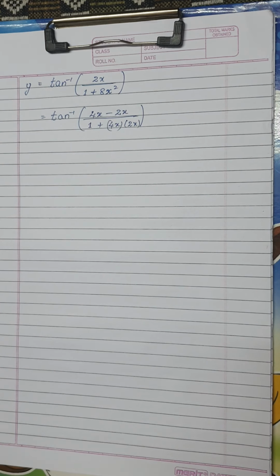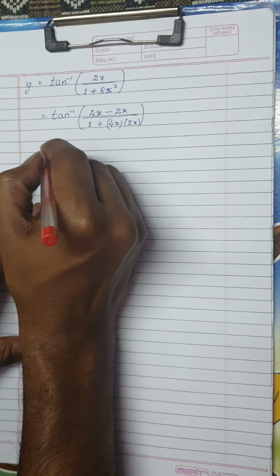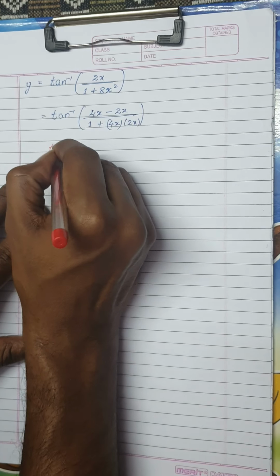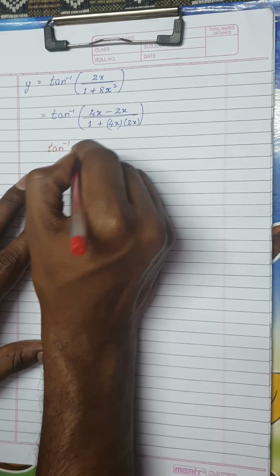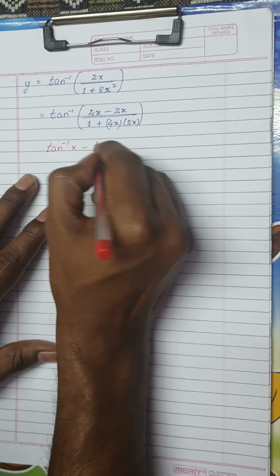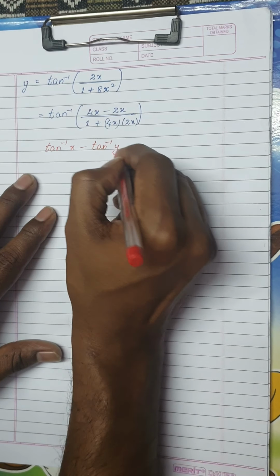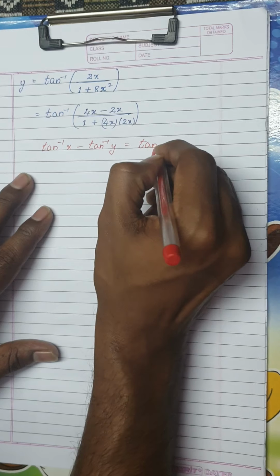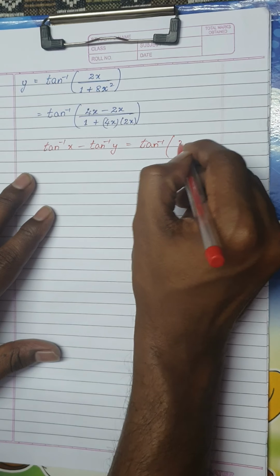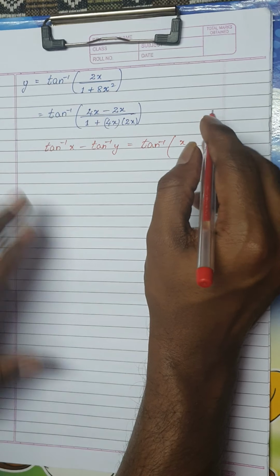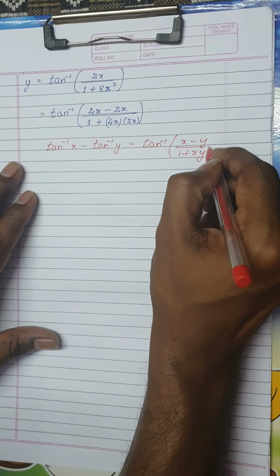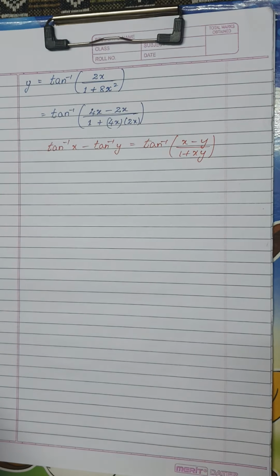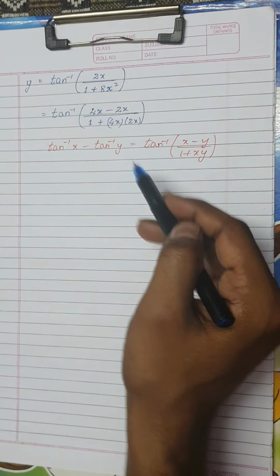We have a small formula, you might have seen this in the inverse trigonometric function chapter: tan inverse of x minus tan inverse of y is nothing but tan inverse of (x minus y) divided by (1 plus x into y). So we are using this formula for this question.